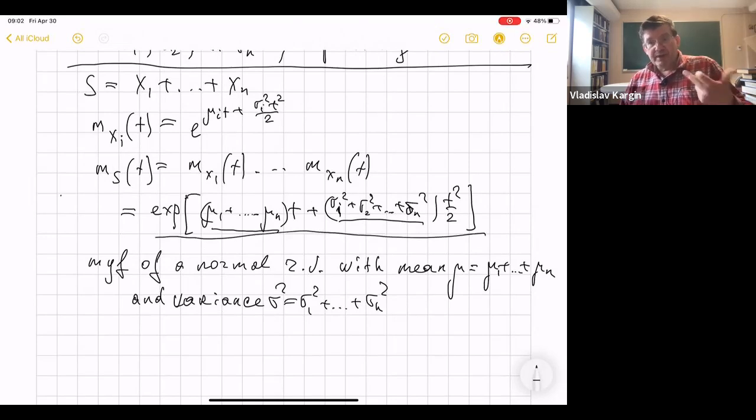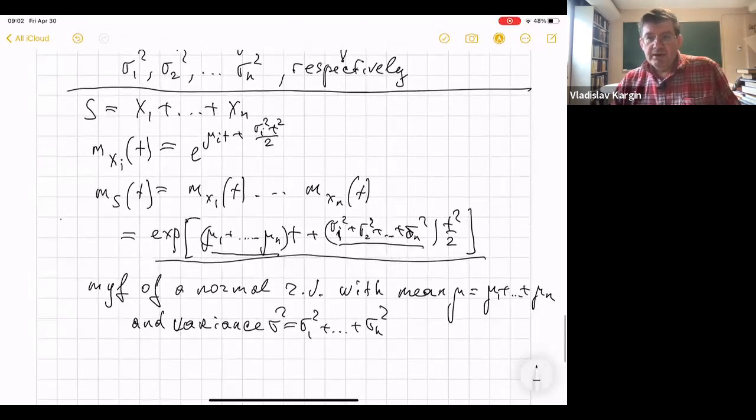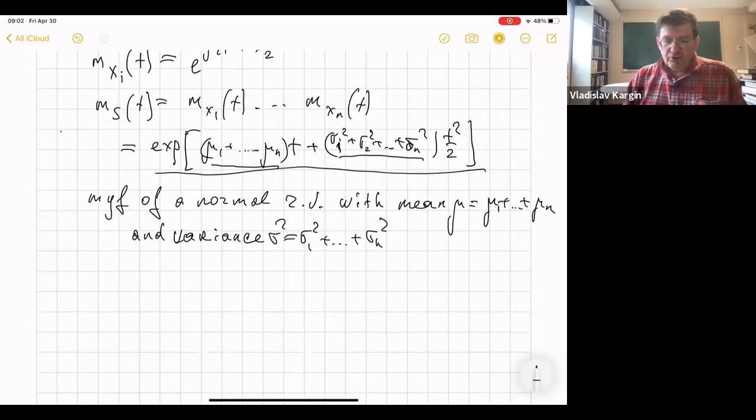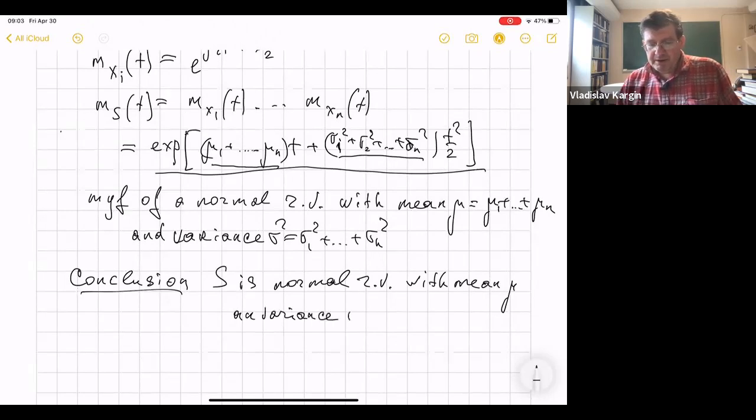So we can conclude that the sum of independent normal random variables, and independent is very important here, is essentially a theorem: S is a normal random variable with mean mu and variance sigma squared.